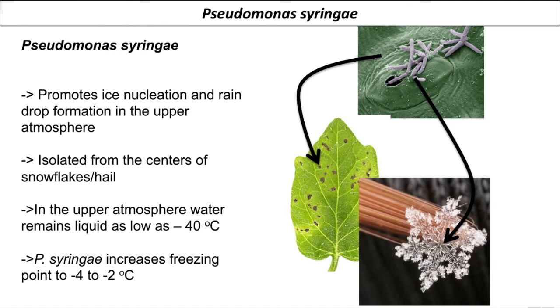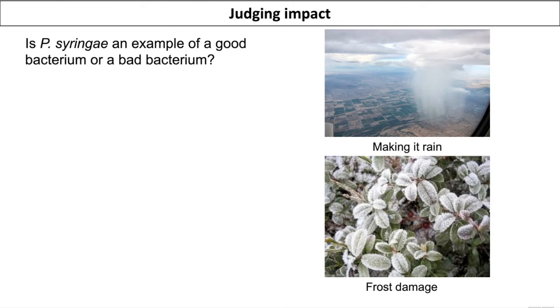It turns out that that's a really difficult temperature for our planet Earth to reach. So it's really hard for liquid water to condense into snow or even into raindrops. So the presence of Pseudomonas syringae actually helps increase condensation of water by changing the freezing point. It shifts it from minus 40 to a freezing point of minus 4 to minus 2 degrees.